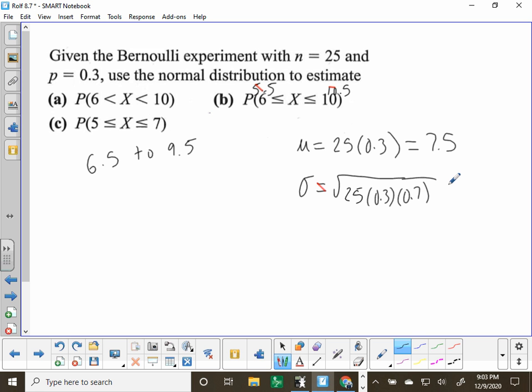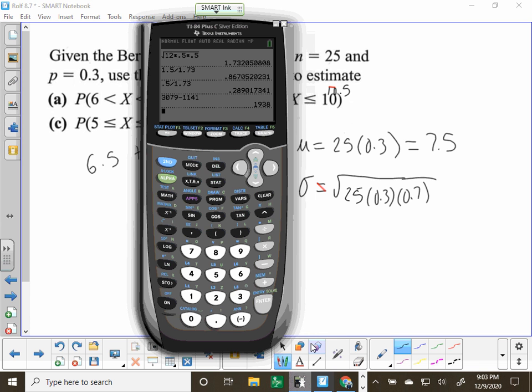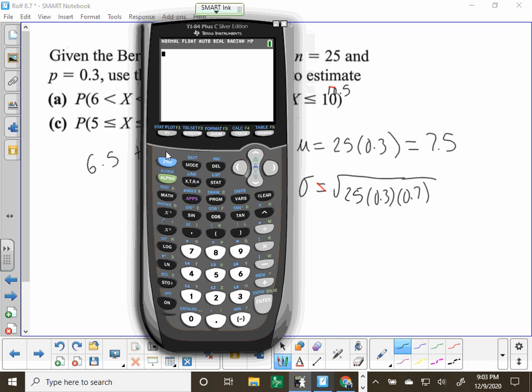I've got to type that into the calculator: clear, second, square root, 25 times 0.3 times 0.7 equals 2.29.